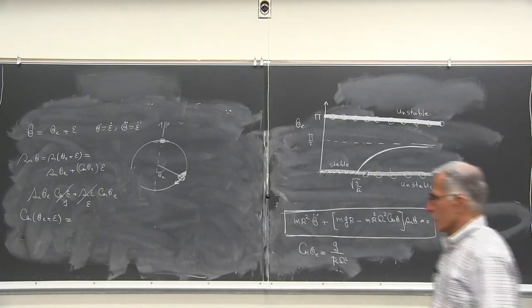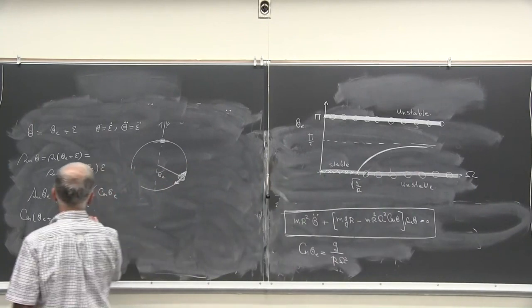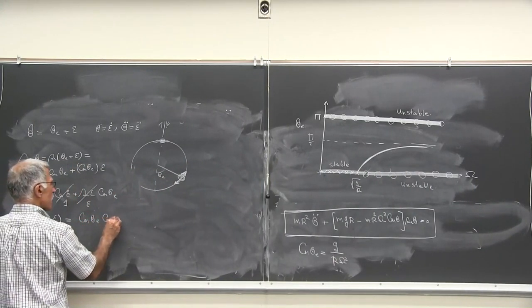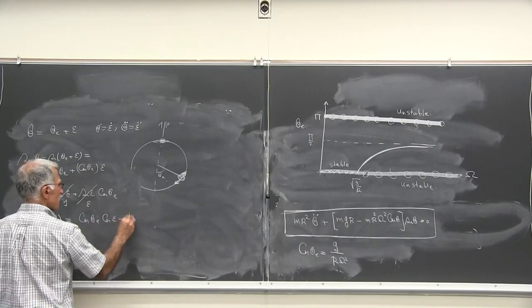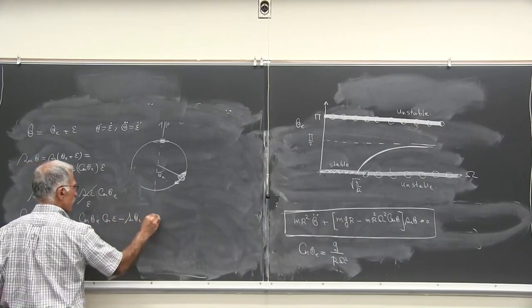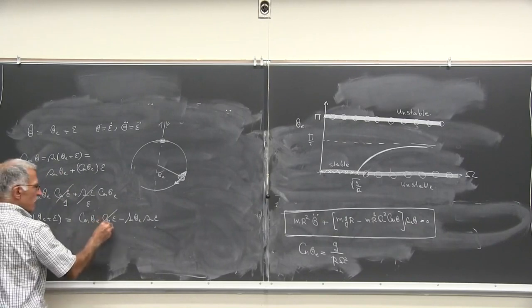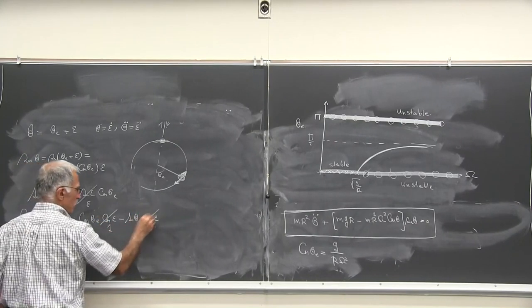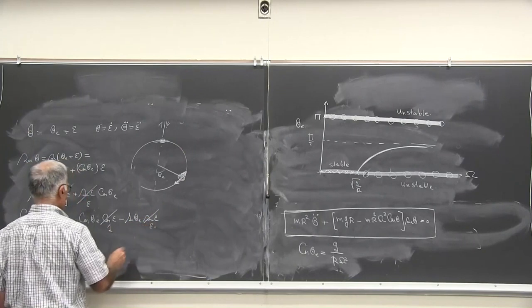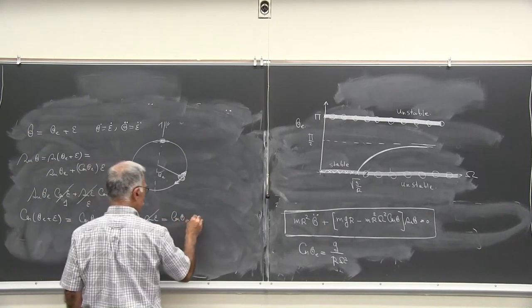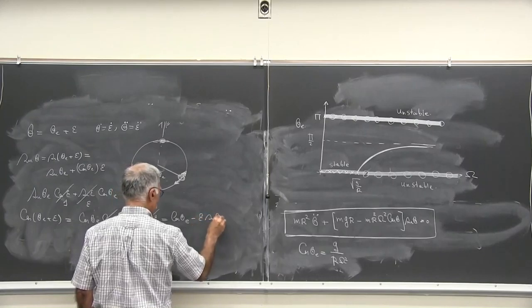Cosine theta equilibrium cosine epsilon minus sine theta equilibrium sine epsilon. You agree with that? Okay, that's according to my high school. So cosine epsilon becomes equal to 1, sine epsilon becomes equal to epsilon, so this becomes cosine theta equilibrium minus epsilon sine theta equilibrium.